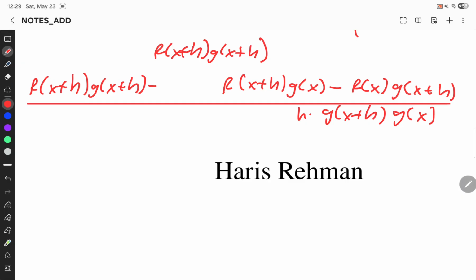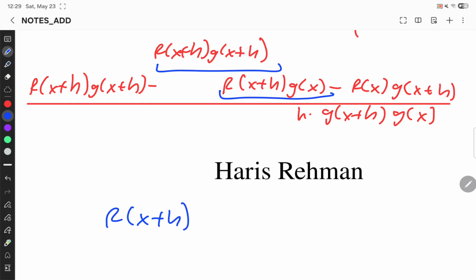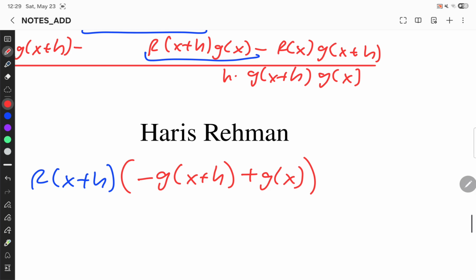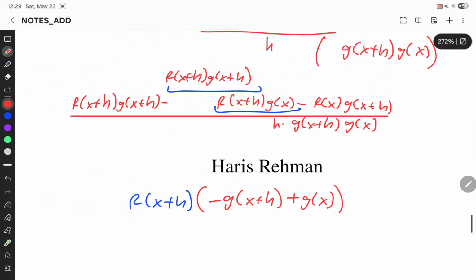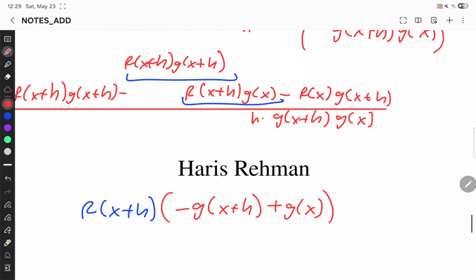If we group these two terms, we'll get f of x plus h times, negative g of x plus h plus g of x. And then you can factorize also this other term which has g of x plus h common.